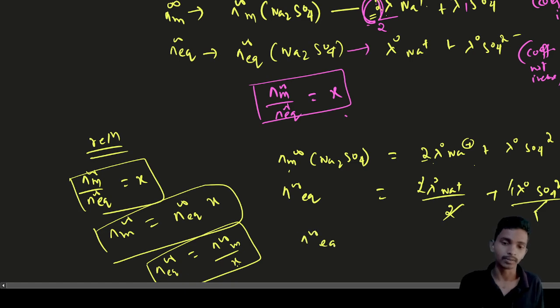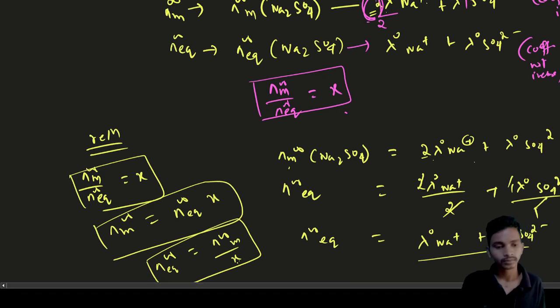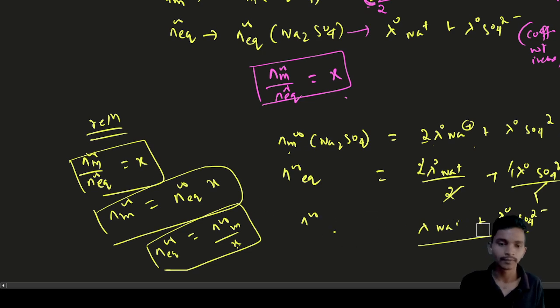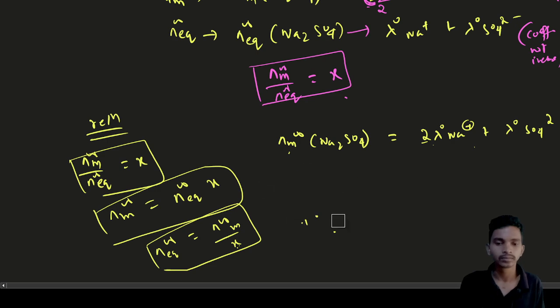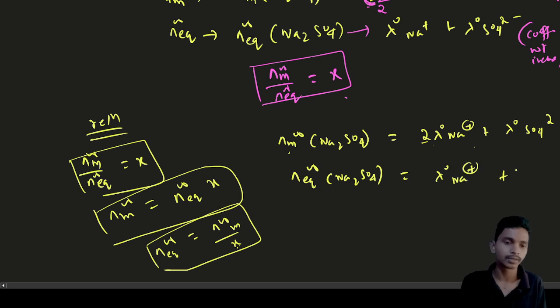So equivalent molar conductance at infinite dilution goes without coefficients. For equivalent conductance we need no coefficient, so I will not include the coefficient.